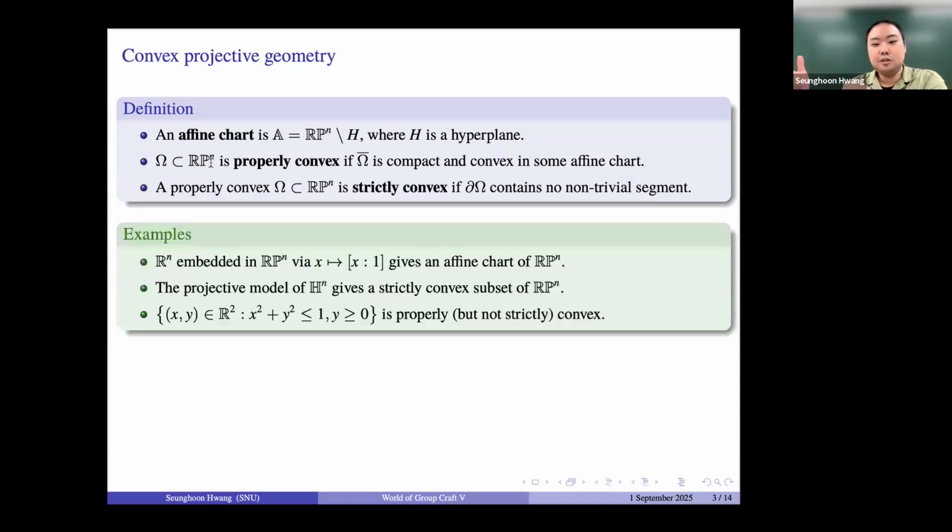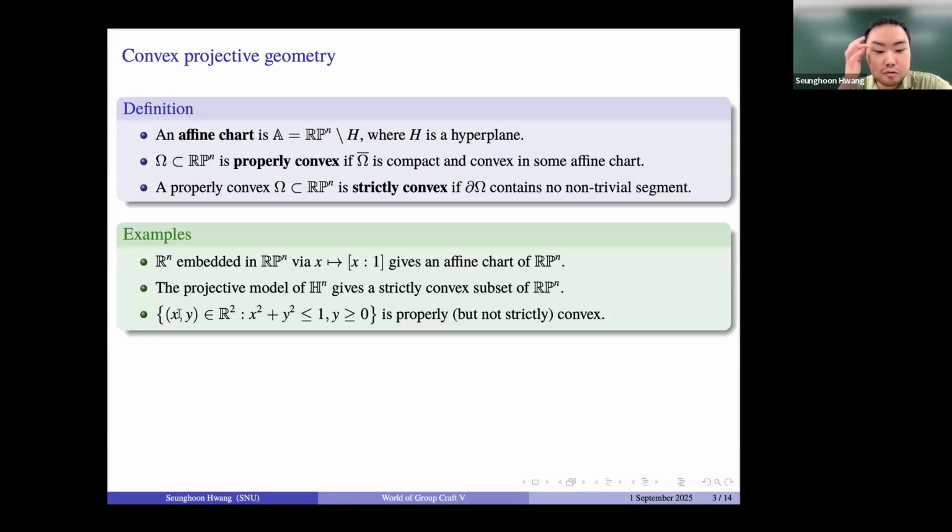So I have some examples just to give you some pictures in mind. R^n embedded in RP^n via this map we very well know will give an affine chart of this n-dimensional real projective space, and the Klein model, the projective model of hyperbolic n-space, gives an example of a strictly convex subset of RP^n because it's a disk.